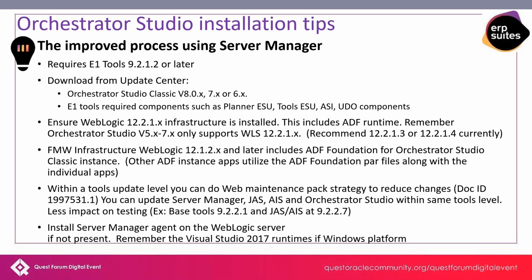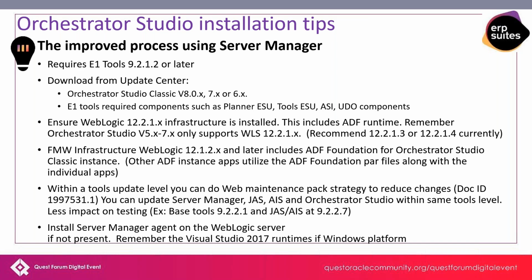One of the things you can do is take the web maintenance pack within that tools level, and you don't have to touch your enterprise servers and your deployment server, but you can install the JAS, AIS, and Server Manager update and bring yourself up to 9.2.2.7. So it's a way of having less impact on your testing and some of the scope of the functionality.